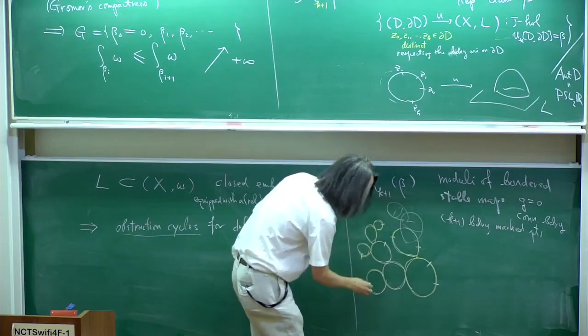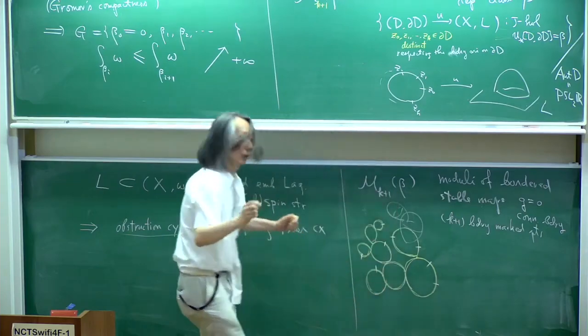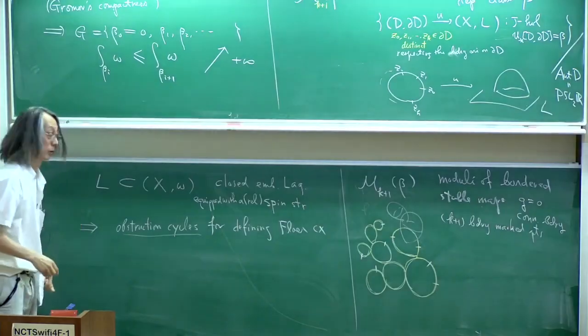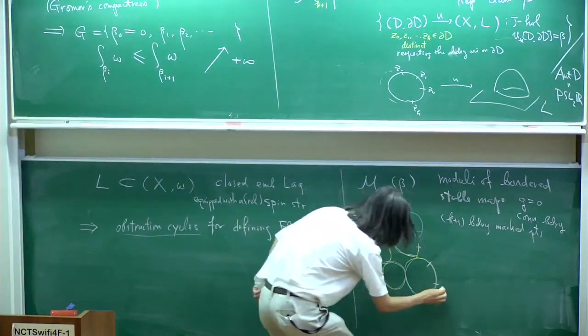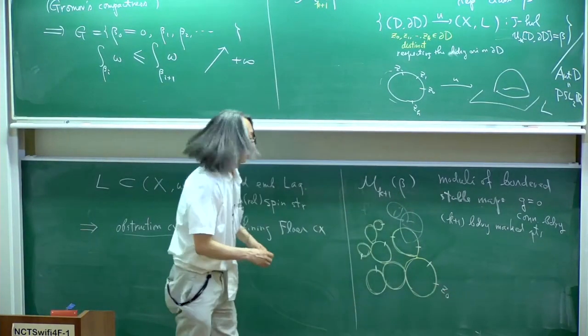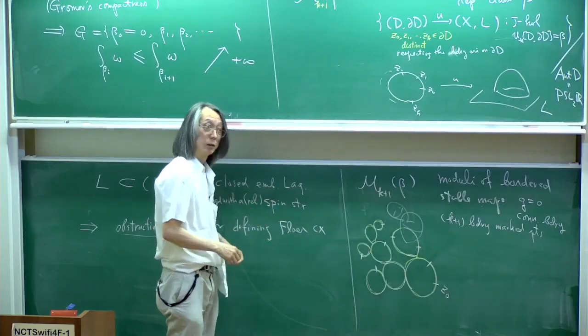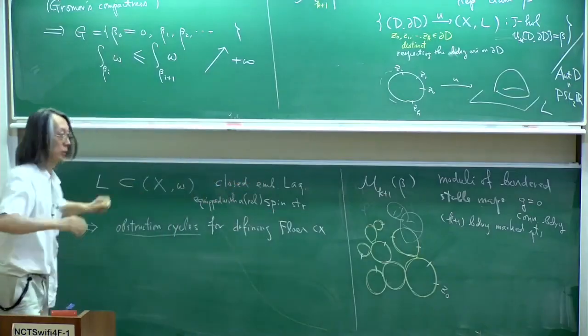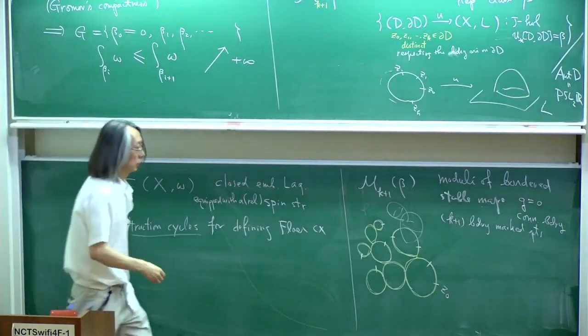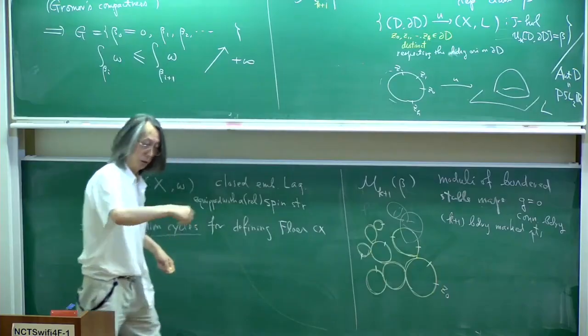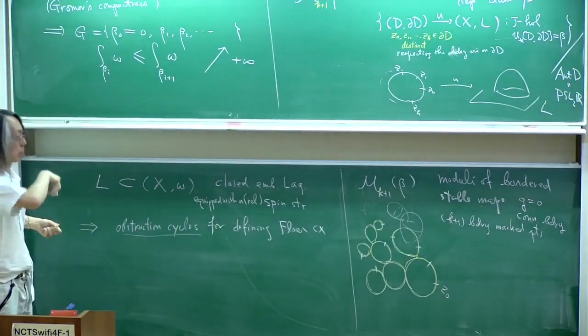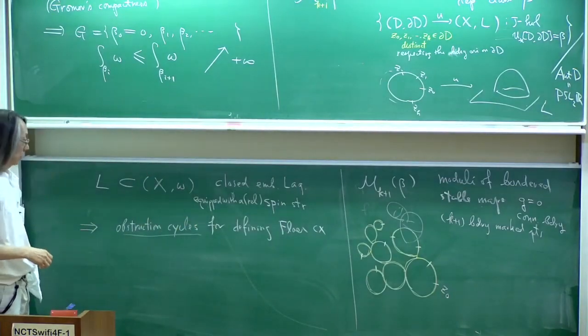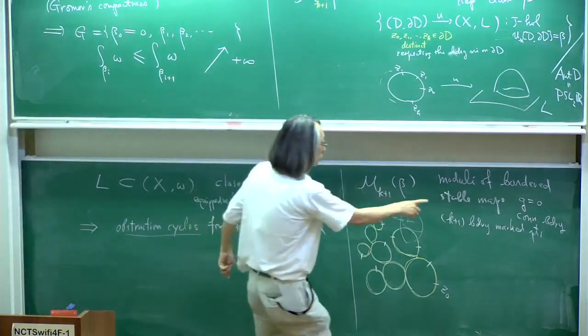Some component may have them, some component may not, but anyway I have a bunch of marked points. And if I start from Z0, then we can still talk about a cyclic ordering, because these disks form a tree-like configuration. So therefore, you can give the cyclic order of this.